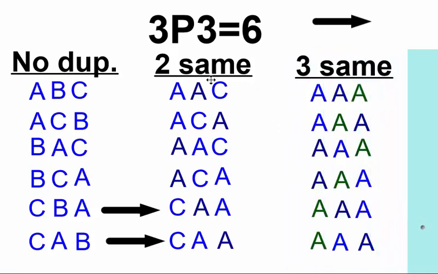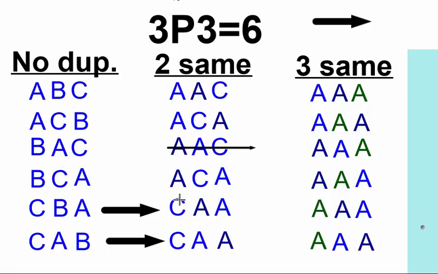Now I've basically done the same thing here, copied and pasted this group and changed all the C's to be green A's. And I think it's pretty obvious now that each and every one of these is the same. And so we now have 1/6 as many different permutations as we had originally. There were 6 here, down to 3 here. I guess I could do a little cross out.